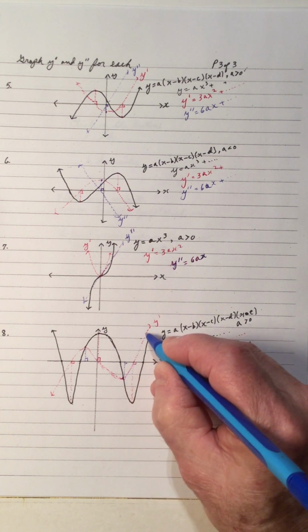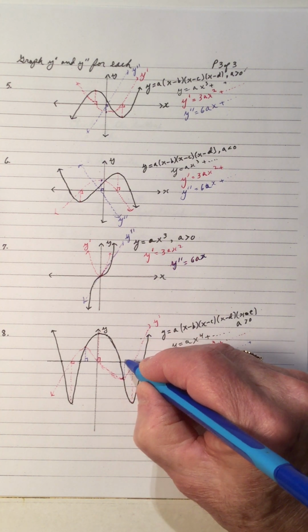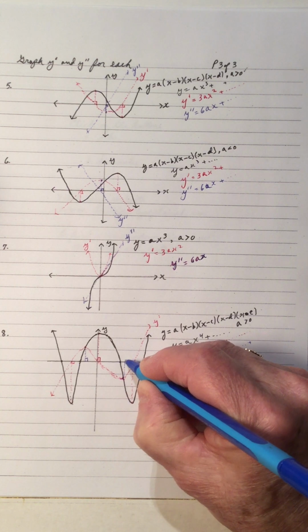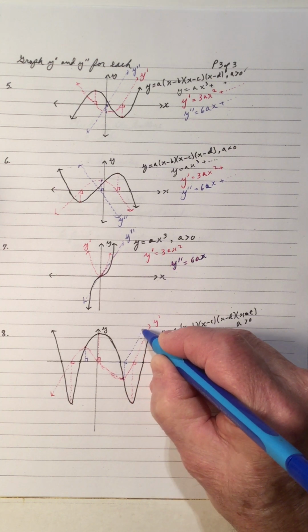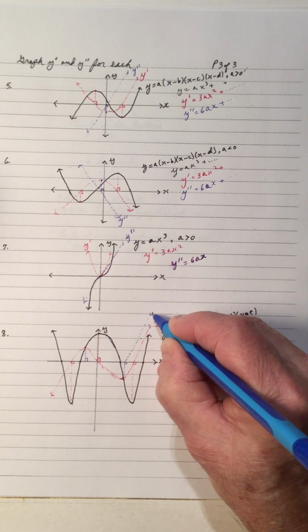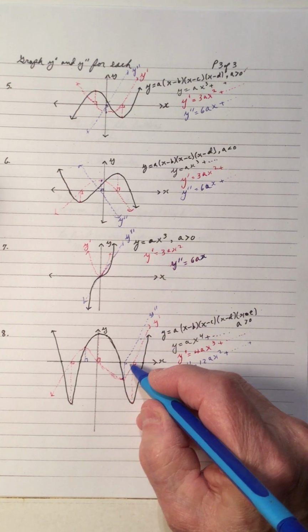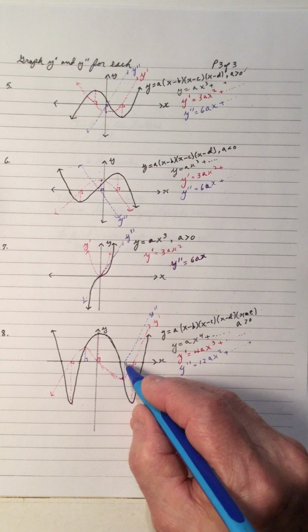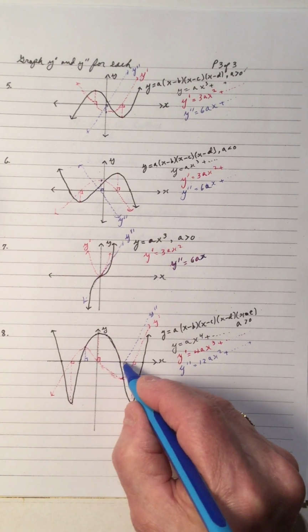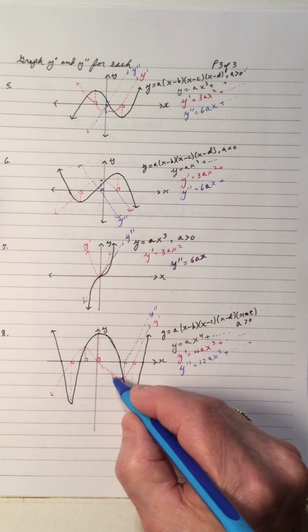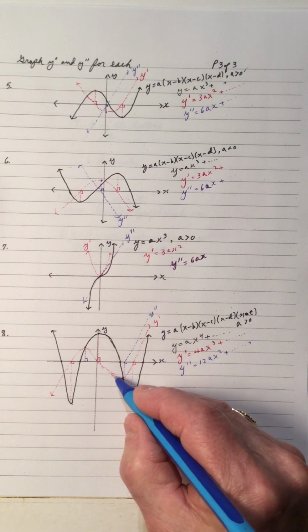So this slope is positive, so that means it's opening up like this. So this is y double prime, which is going to be a parabola. And from here to here, the slope of this cubic is a negative slope.